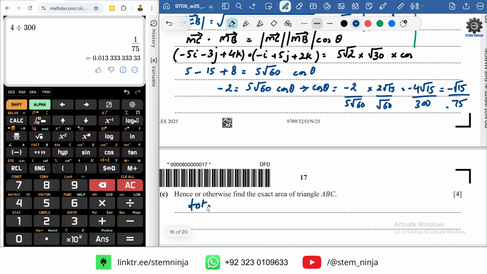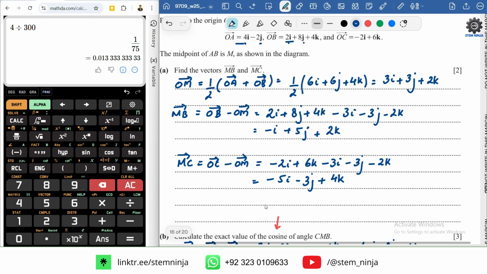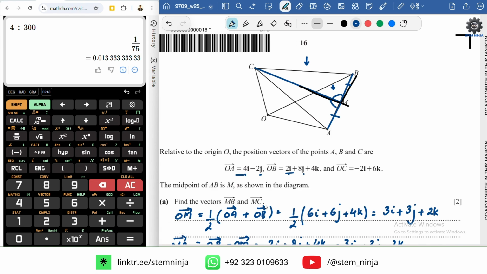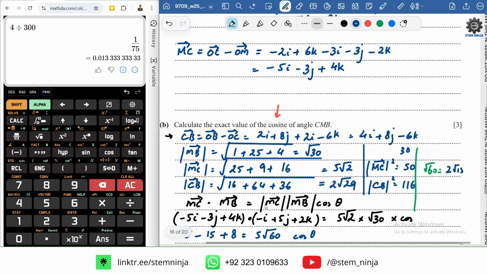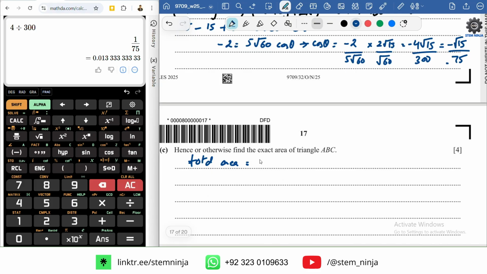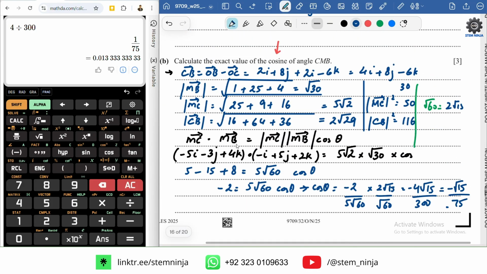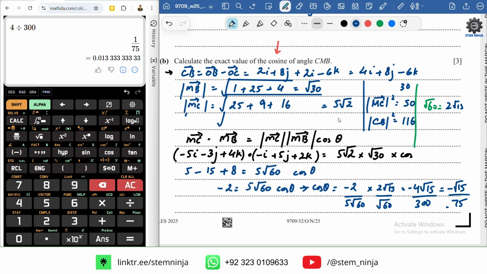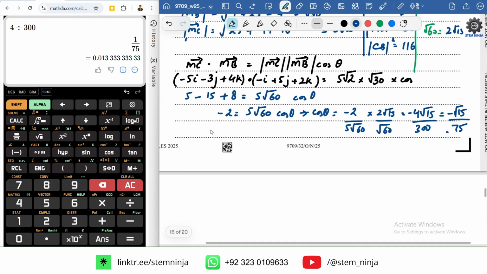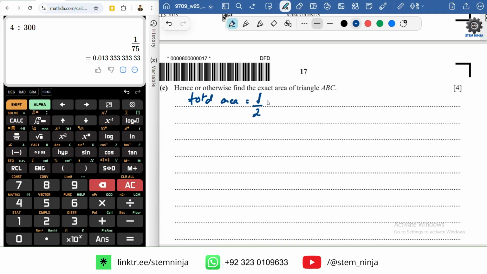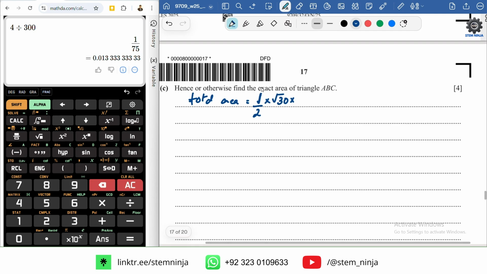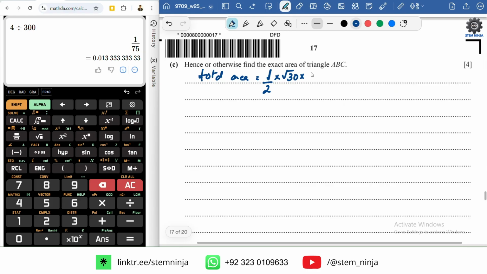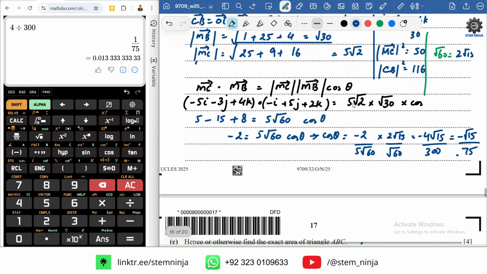Okay, so total area would be, you have BM, BC, BM was, okay, like just to clarify, I'm gonna do, okay, so BM root 30, so half of root 30, 5 root 2 times by cos of this value, minus root 15 over 75.